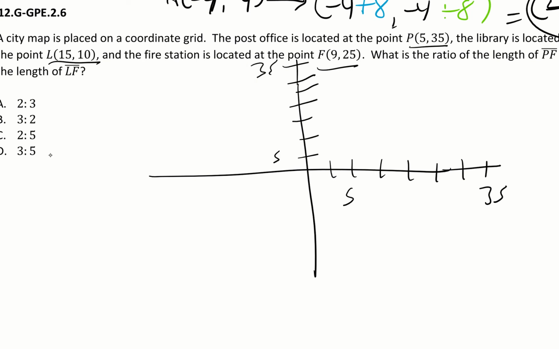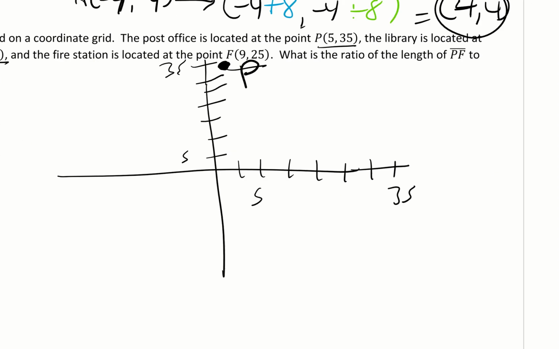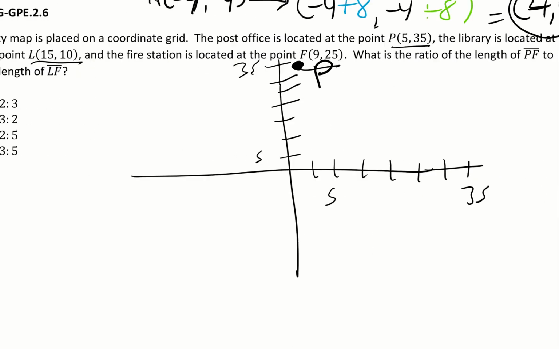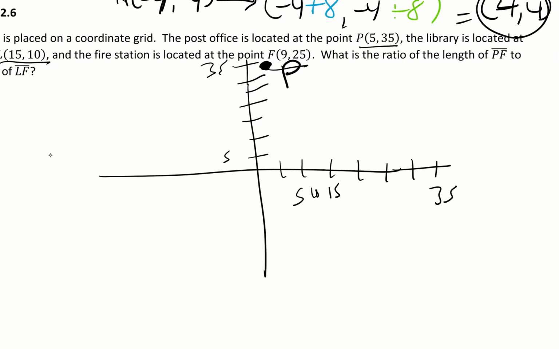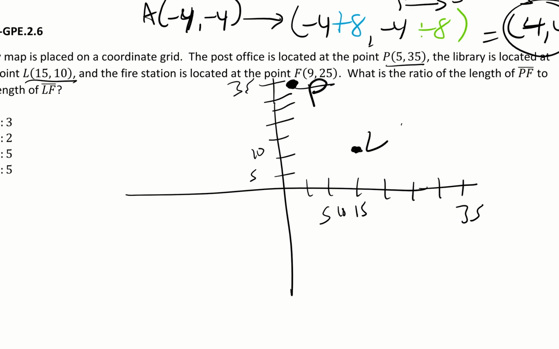Okay, so this is (5, 35). So this is where the post office is. The library is located at (15, 10). This is 10, so this is the library. And the fire station is at (9, 25). So something like that. It's pretty close to the 10 on here.